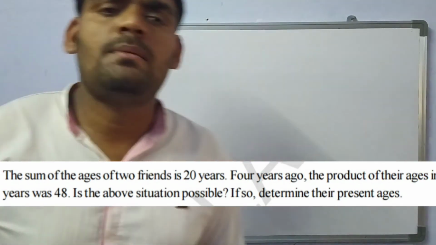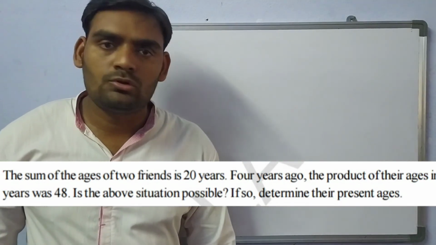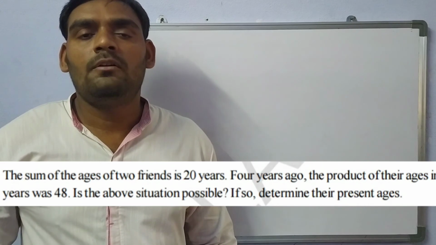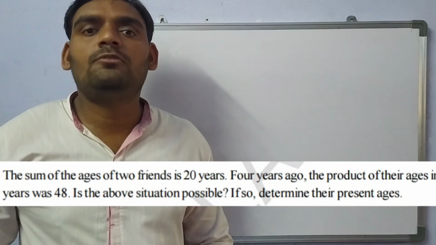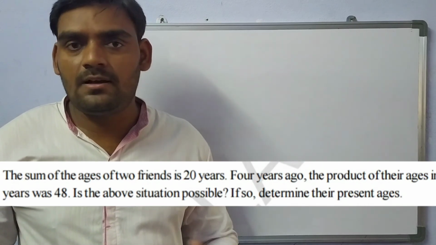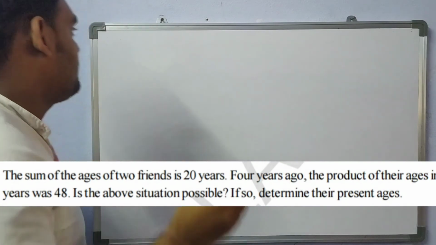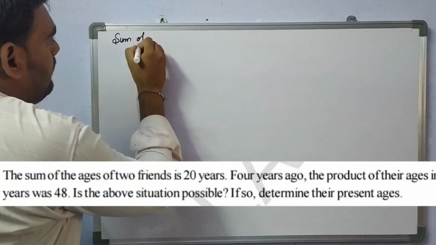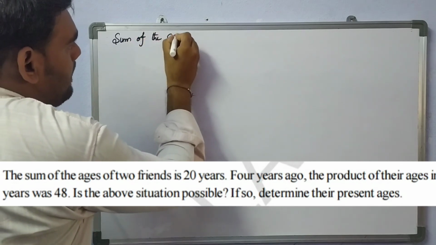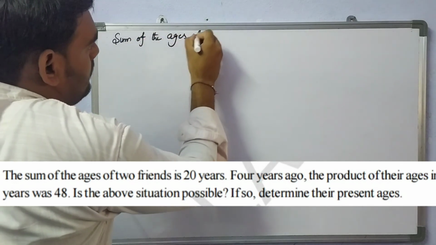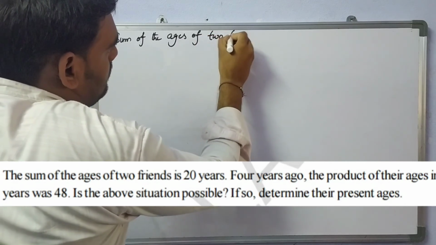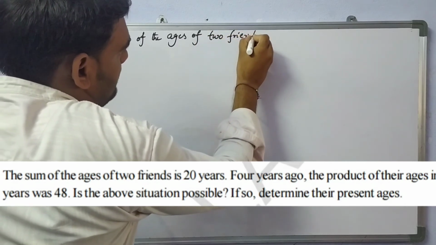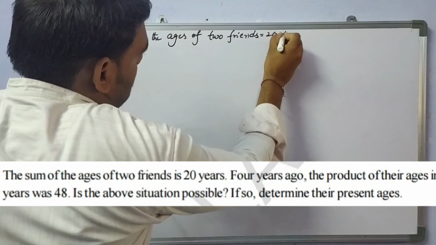See here, the sum of the ages of two friends is equal to 20. At that time, we can consider x and 20 minus x as the ages of the two friends. See here, the problem says the sum of the ages of two friends is equal to 20 years.